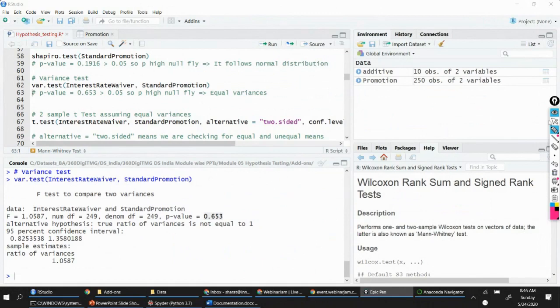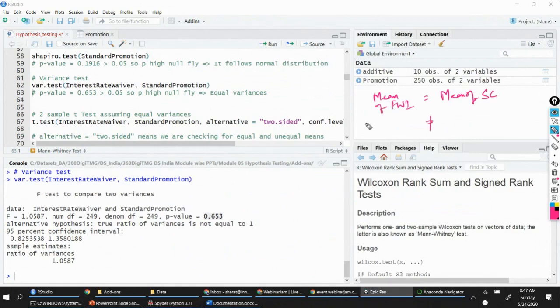Now variances are equal, hence we look at the actual business problems, the case studies that we have written, right? The hypothesis statements that we have written. Mean of full waiver of interest rate is equal to mean of the standard Christmas offer.